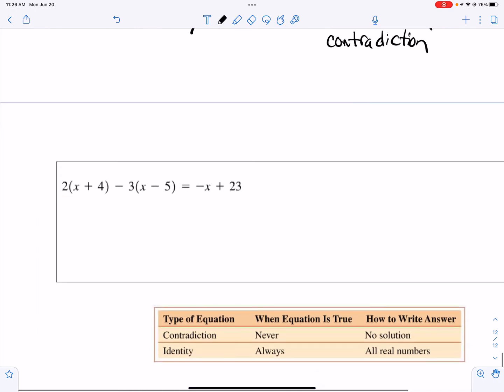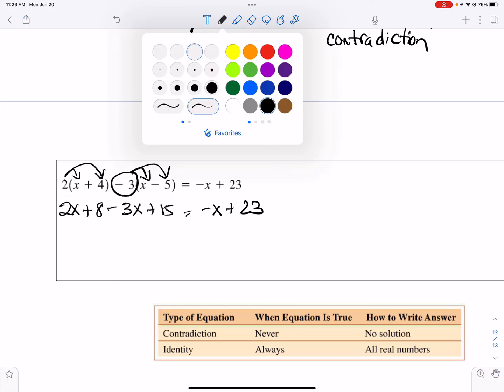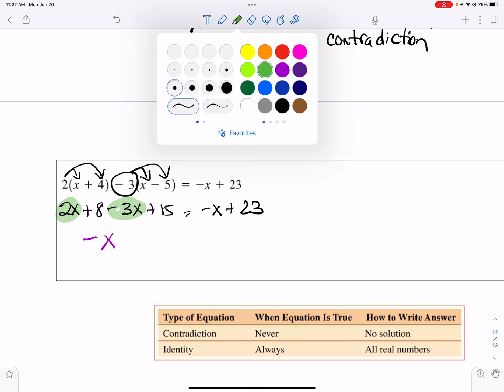Now, the next one, I'm going to clean up. And there's nothing I can do to the right-hand side. So now I'm going to collect my like terms. 2x minus 3x makes negative 1x.